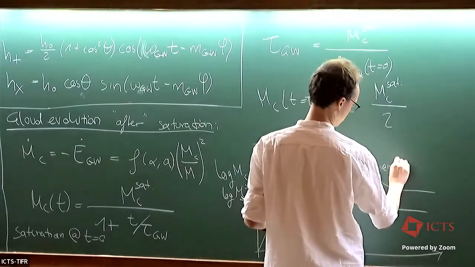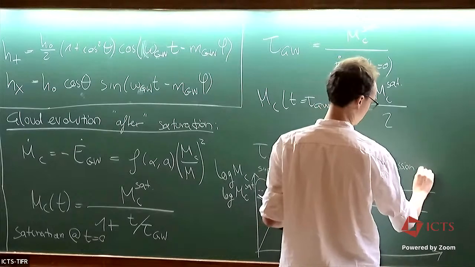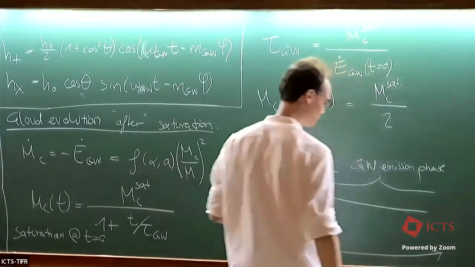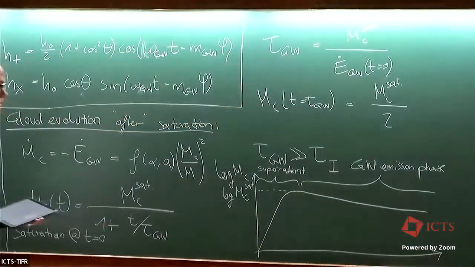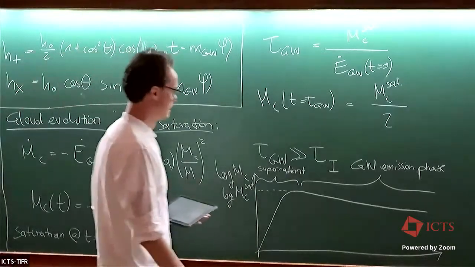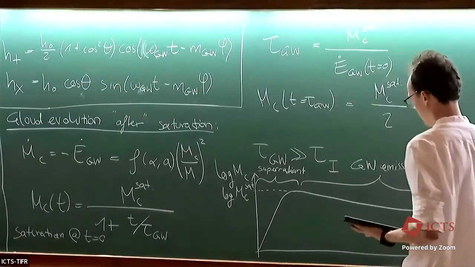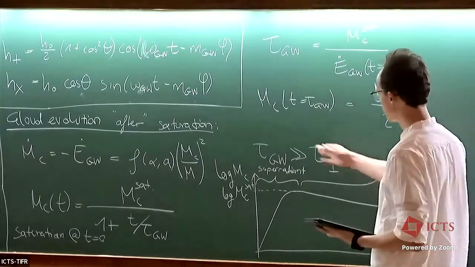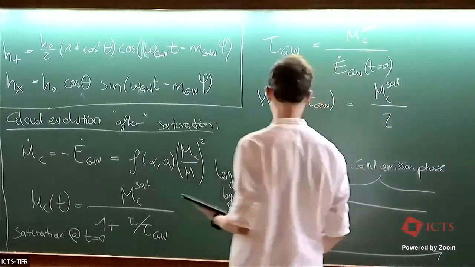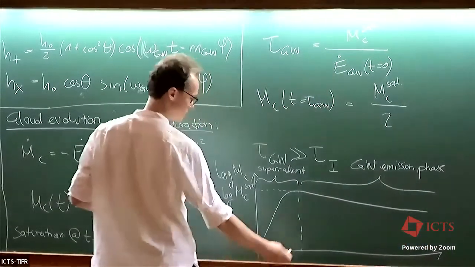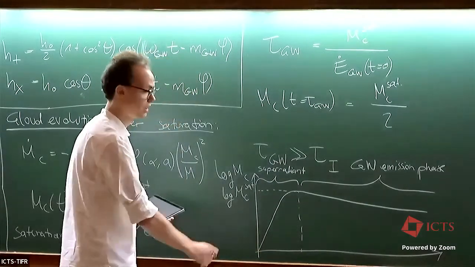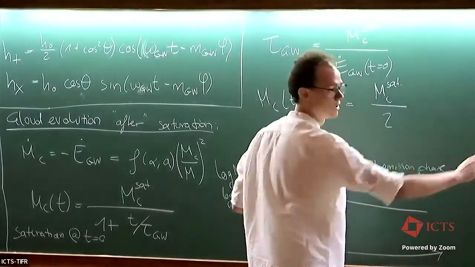Emission phase. Okay. And so the clear separation of scales you can see in this plot basically by noting that the growth happens extremely quickly, and then the decay just takes a very, very long time.